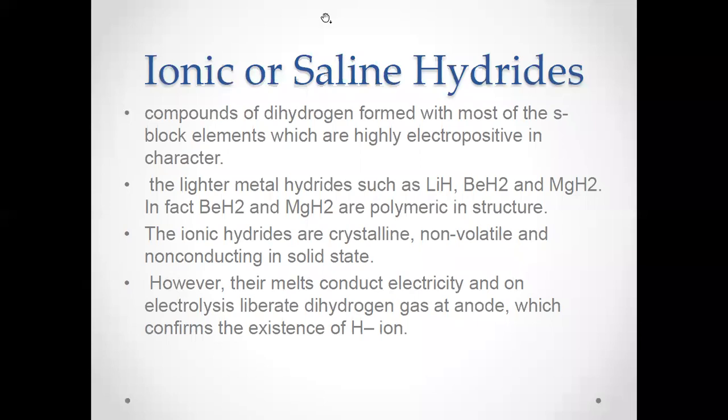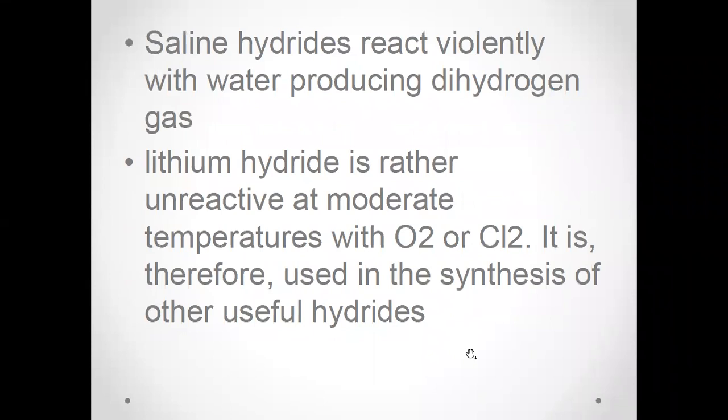And that shows the presence of hydrogen. How can you detect the evolution of hydrogen? When you collect this gas in a test tube and put a matchstick over it, it will burn with a pop sound. That just shows the presence of hydrogen.